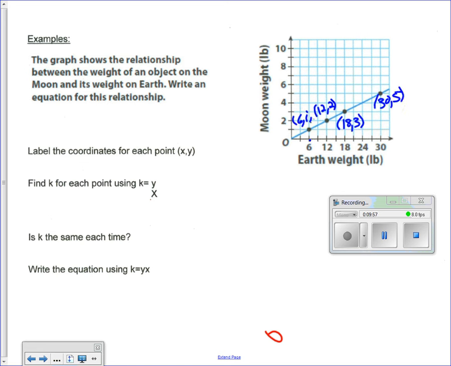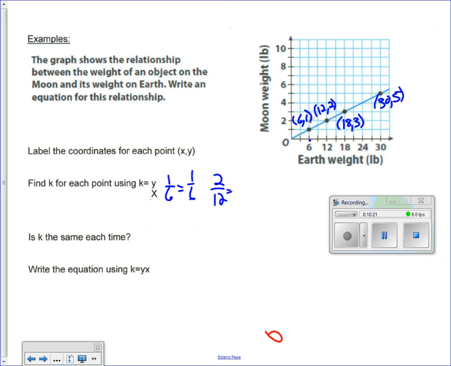Okay, so now we're just going to do y over x for each point. So the first number is the x, the second number is the y. So find k. Let's say 1 over 6, that's y over x. 2 over 12.